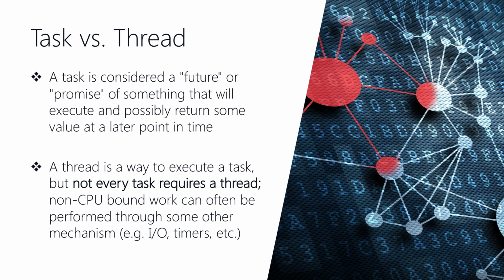So you see, a task is not a thread, and a thread is not a task. However, often threads will be used to execute tasks. You can think of a task as, I want you to execute this code asynchronously. The mapping of a task to a thread or some other way to execute the task depends on a variety of factors.